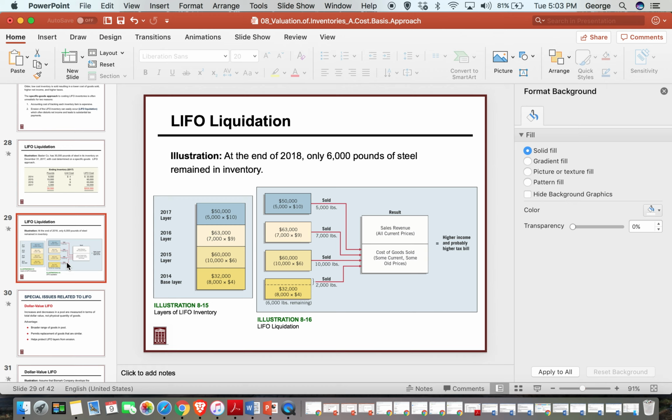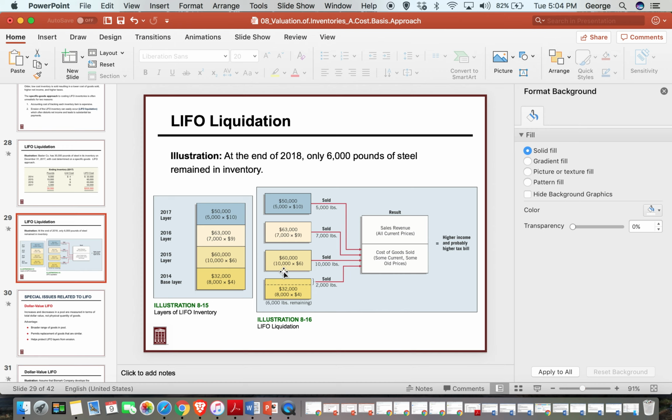Only 6,000 pounds of steel remain in inventory, and that's shown by the fact that we had 5, 12, 22. We had 4 base layers.